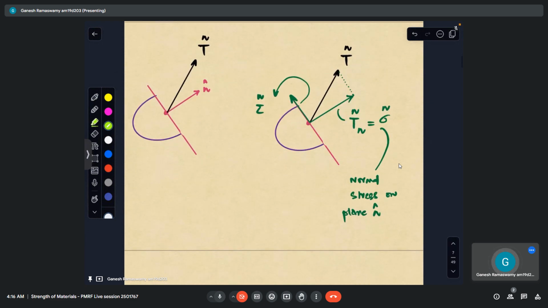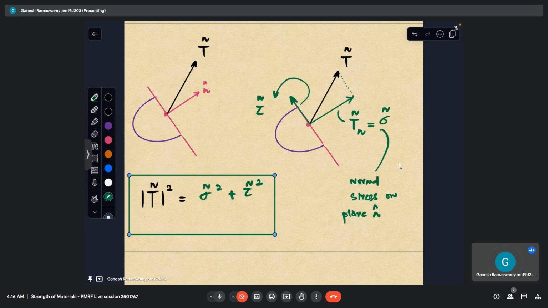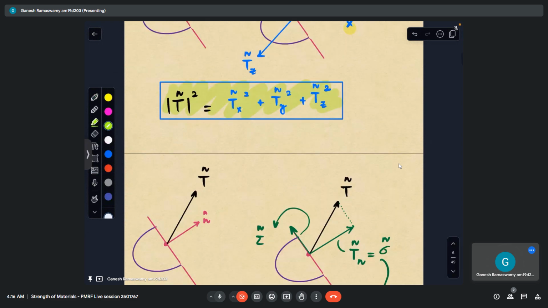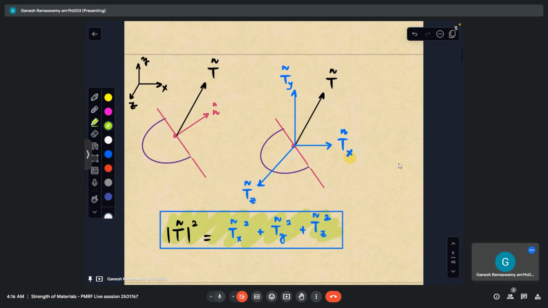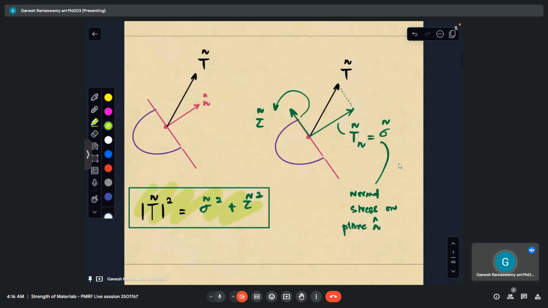While the same vector I can decompose into normal and tangential components. So it follows that the square of the magnitude of Tn is sigma n squared plus tau n squared. This is another result we have got. So what we have done is resolve the same traction vector in two different ways and express them as the sum of the squares of the components.